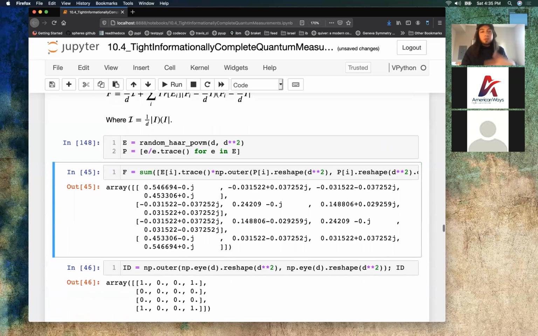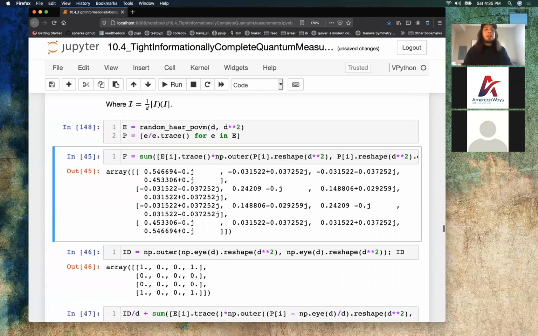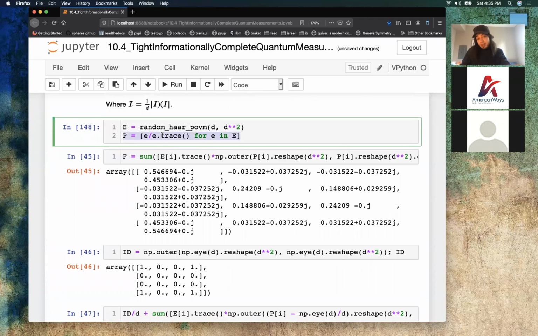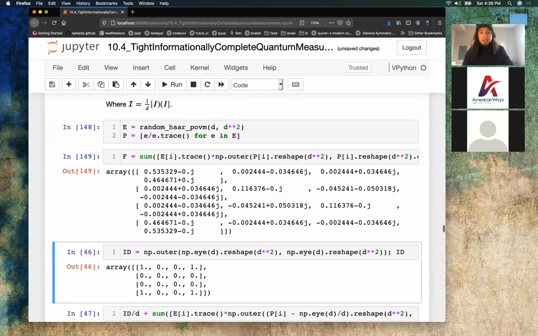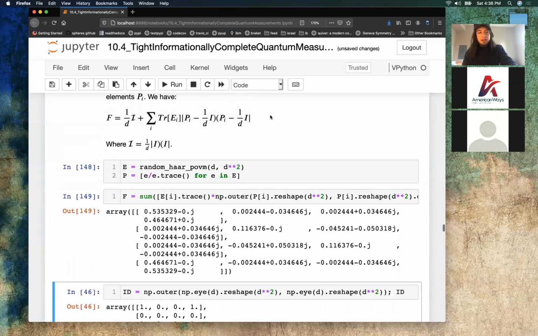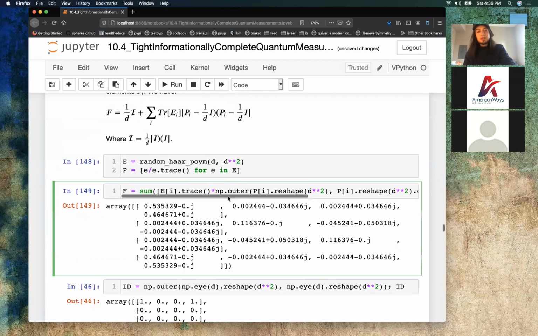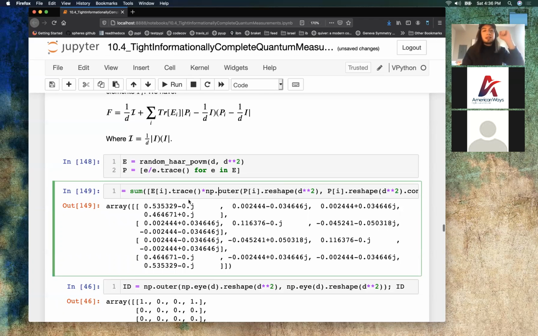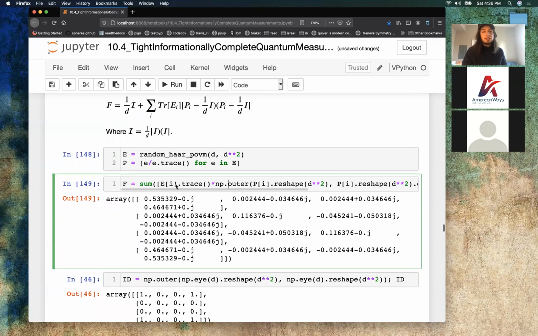And so we can generate a random POVM, these are the normalized elements. This is just the usual formula for the superoperator. We go over each of the normalized elements, vectorize them, outer product, multiply by the trace, and take the sum.